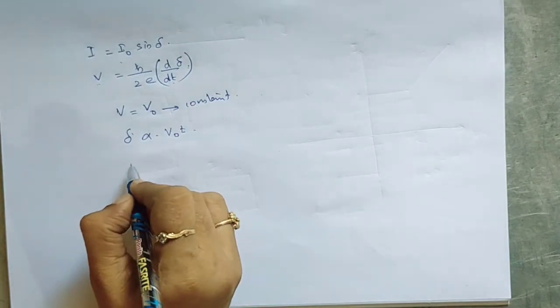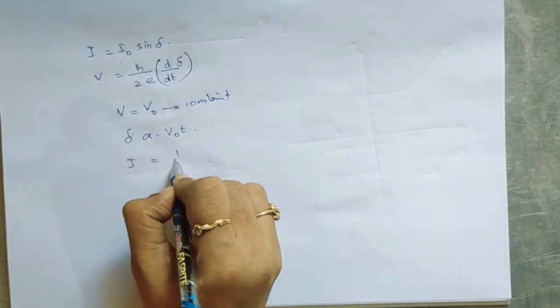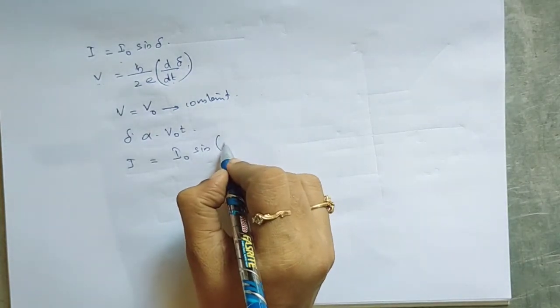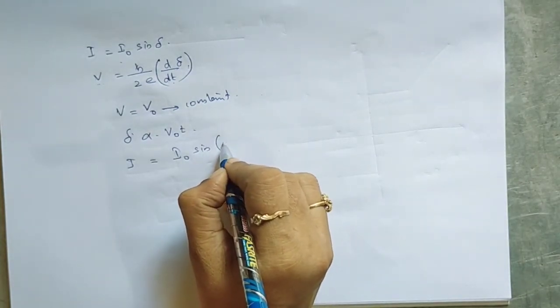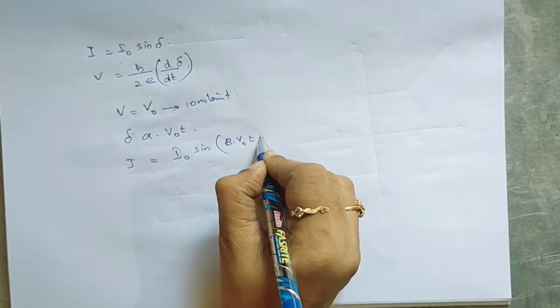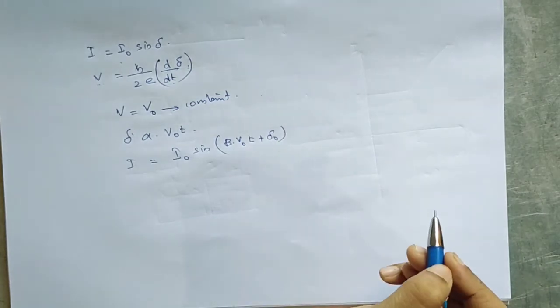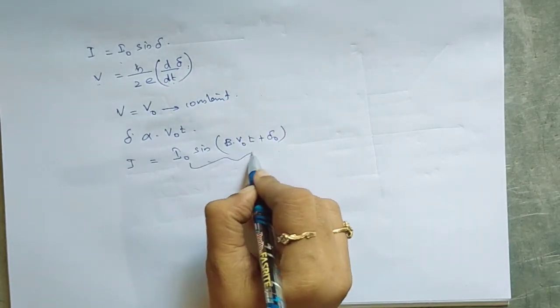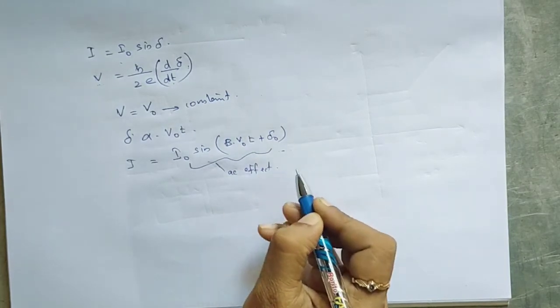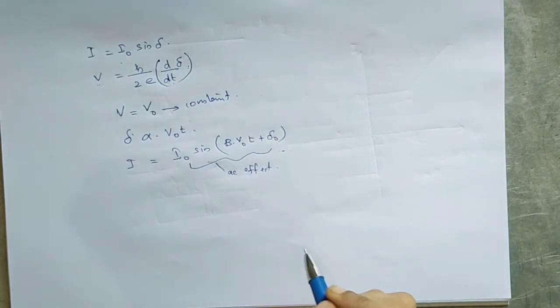So I is equal to I0 sine of V0t plus delta 0, where delta 0 is a constant. So surely this shows an AC effect.